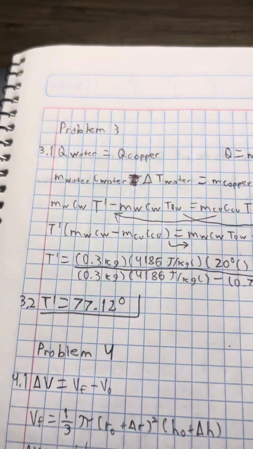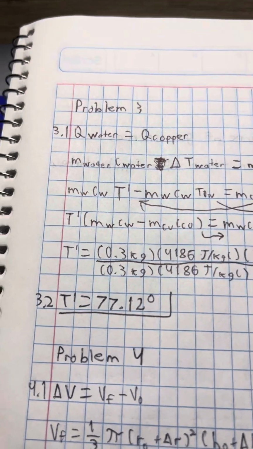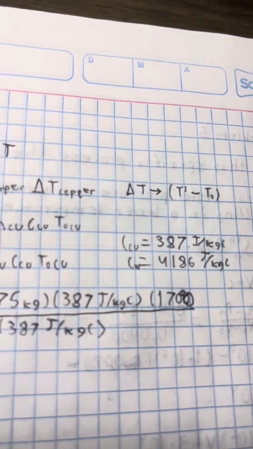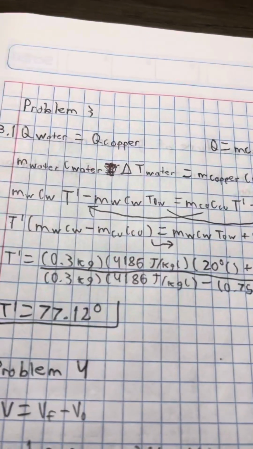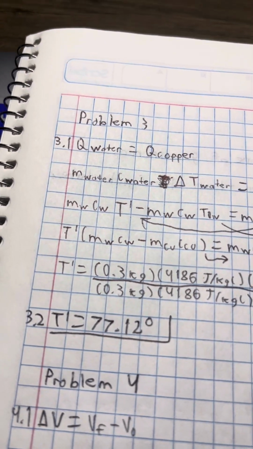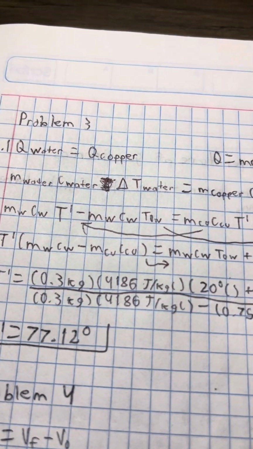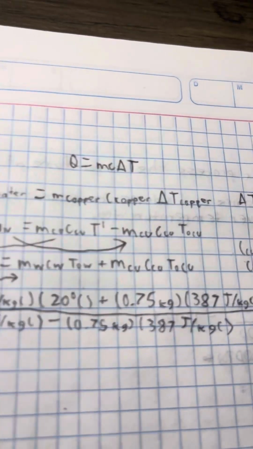Firstly I multiplied the mass and specific heat, the mc, times the final temperature minus initial temperature on both sides. So I got this: mass of water times specific heat of water times final temperature minus mass of water times specific heat of water times initial temperature, equal to the same for copper.